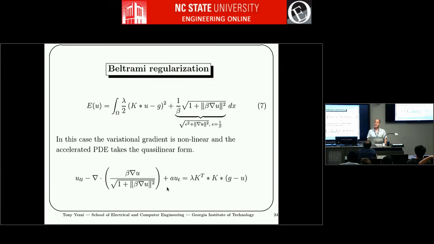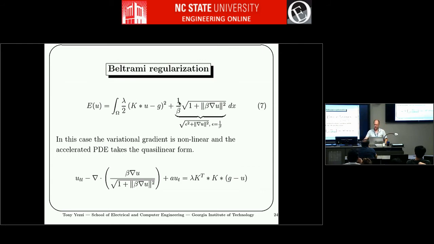Okay. Another would be Beltrami regularization, where you look at the square root of 1 plus some amplified version of the gradient. So the geometric interpretation of this regularizer is you can convert u into a surface just by thinking of the graph of the function u. So u is a height. Now you scale it by some beta value, and now you have a surface.